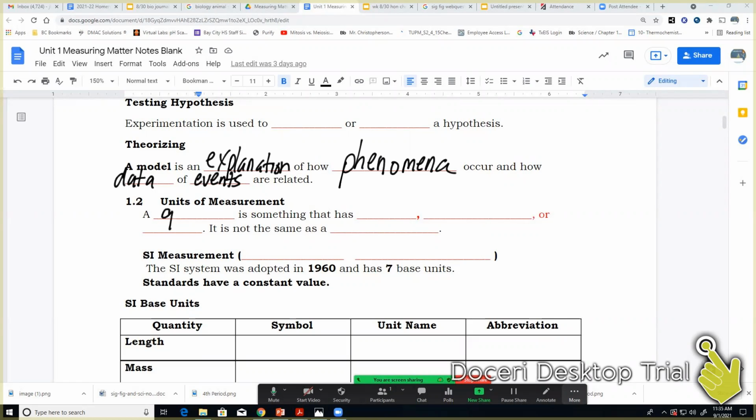So a quantity is something that has size, magnitude, or amount. So in math classes, you use quantities, but in science classes, you use measurements, and they are not the same thing.